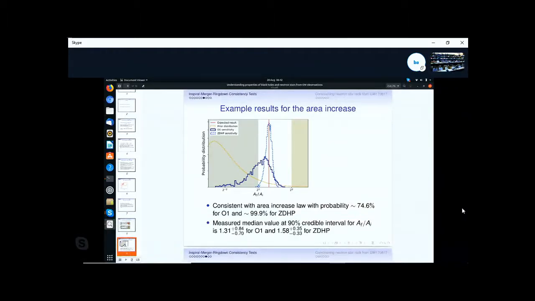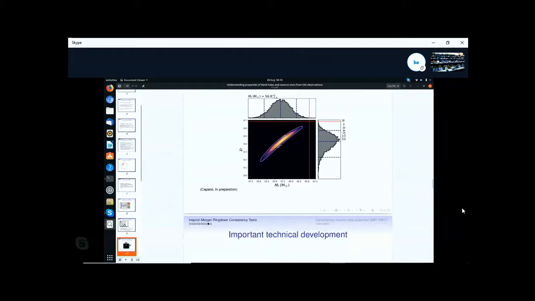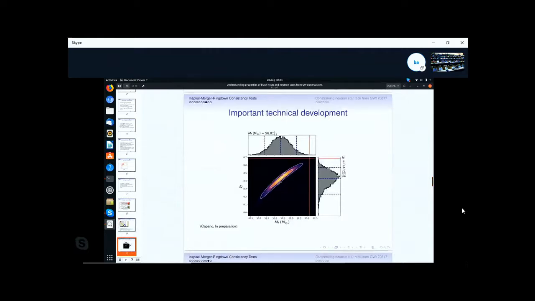In this context, I also want to mention an important technical work. This is due to Colin Capano recently, and this is in preparation. The important point here is that when you cut the waveform in time, you have to be very careful. This plot shows an example of what happens when things go wrong.